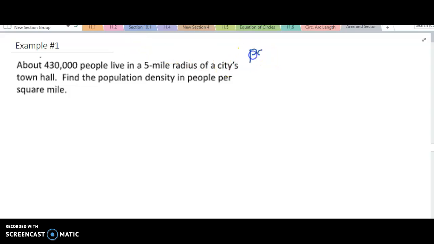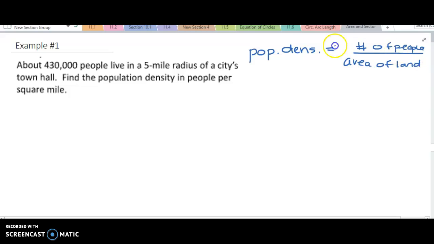Okay, so just from what I wrote down before, population density equals number of people over area of land. All right, so it says about 430,000 people live in a 5-mile radius of the city's town hall.